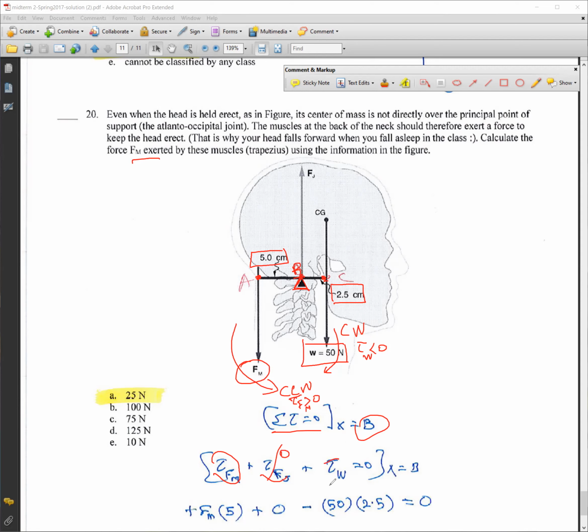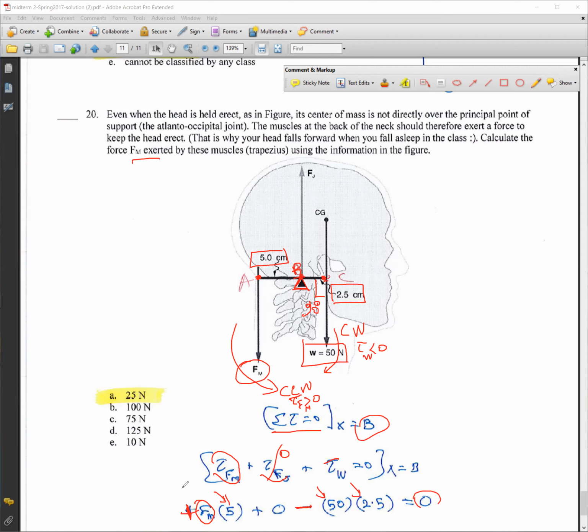Now, I know that the torque due to weight is negative, so I'll put a negative sign for it. So it's the 15 newtons multiplied by the distance, and the angle is 90 degrees. As usual, sine 90 degrees is 1, so that's why you don't see the sine here. And on the other end, you have a positive torque due to force muscles, so that's force muscles times the 5 centimeters, and the whole thing is equal to 0.